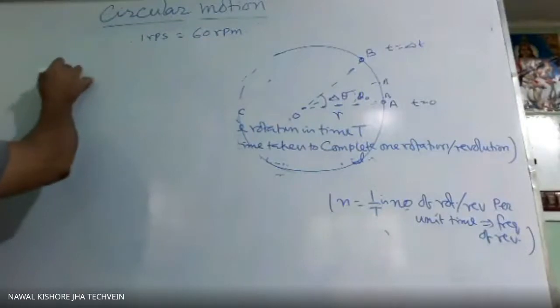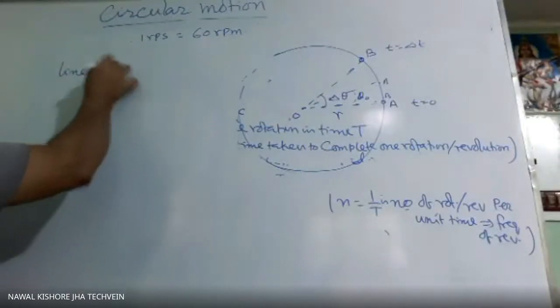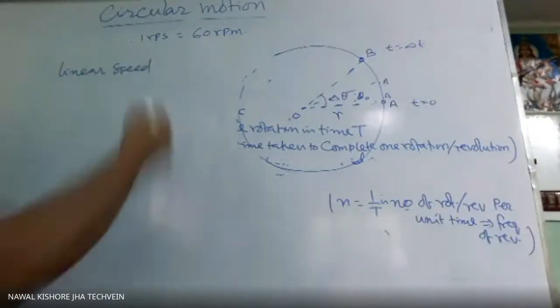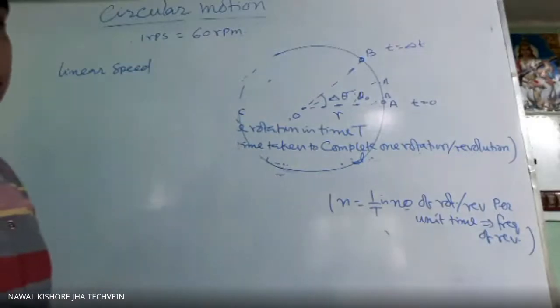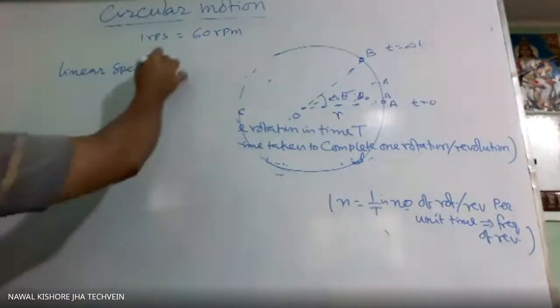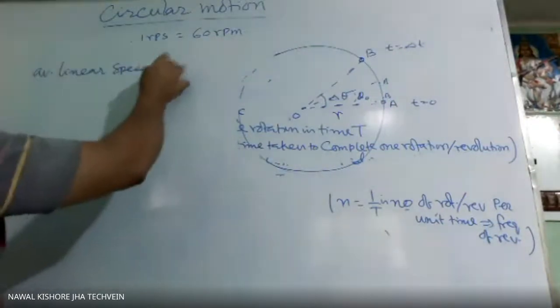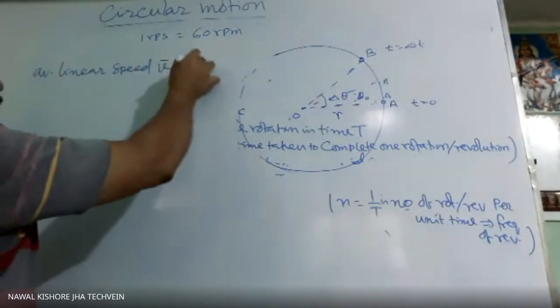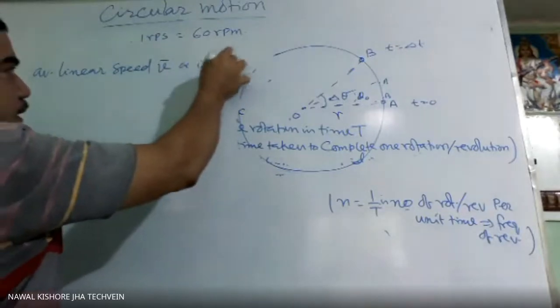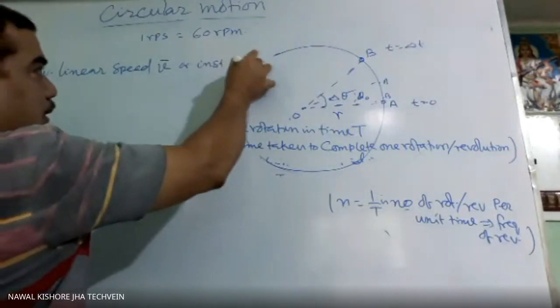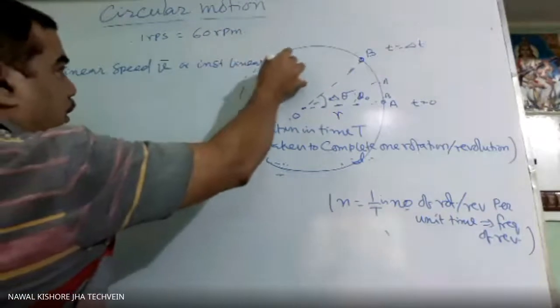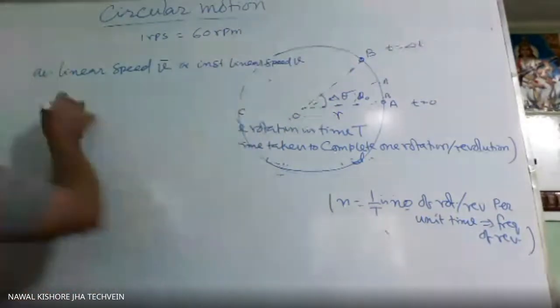So linear speed will be, here also linear speed, average and instantaneous, both will be the same. So here average linear speed, this V bar, or instantaneous linear speed V, both are the same.